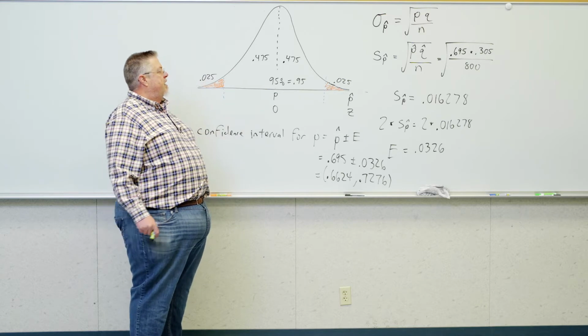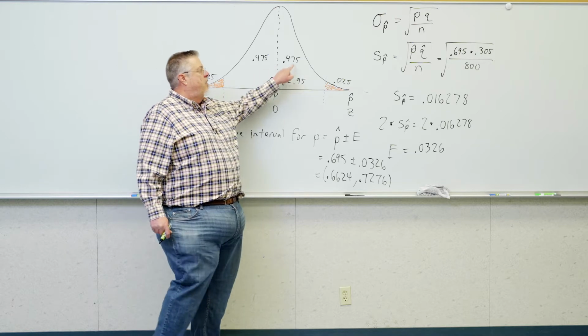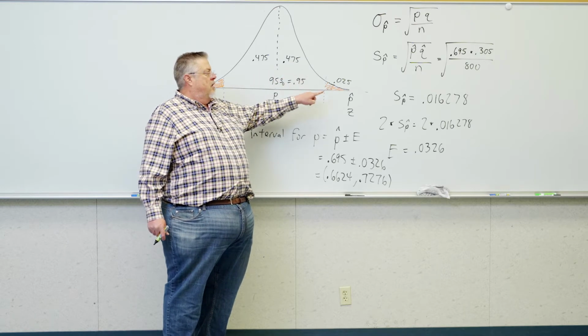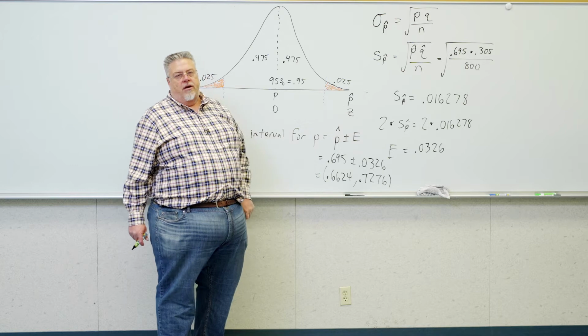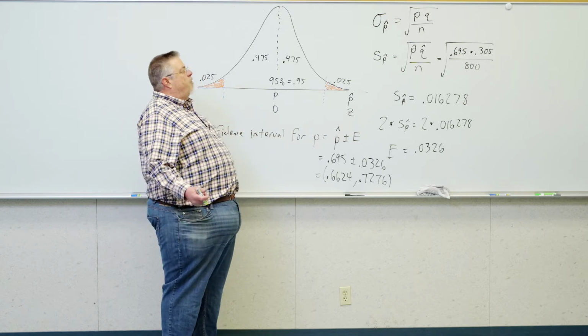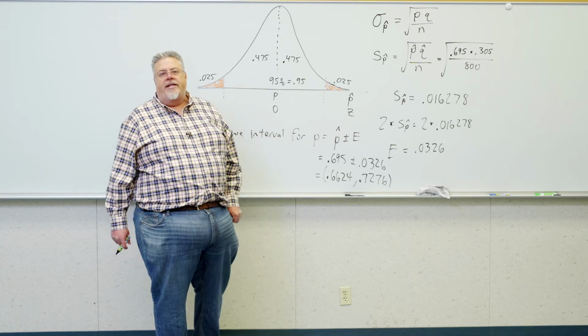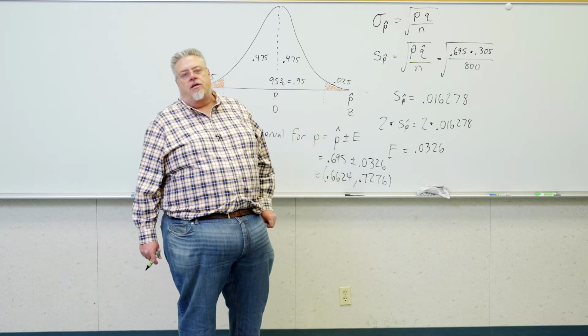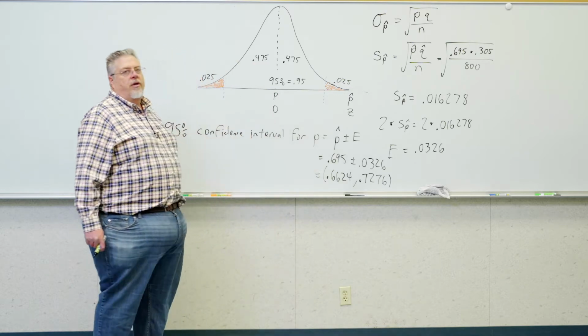What I want then is the z-score that makes this area 0.475 and this area 0.025. So hopefully, as I asked, you have the z-table printed out and sitting right next to you as you're doing this.